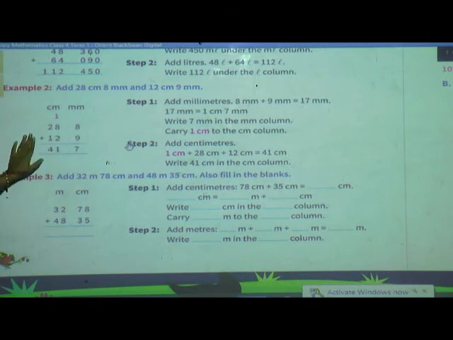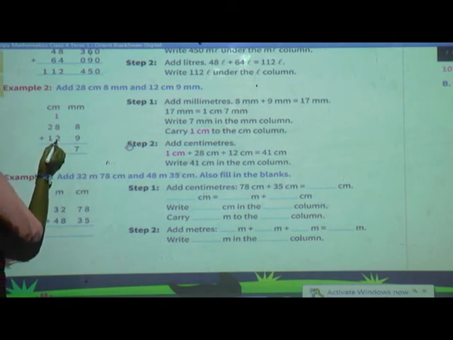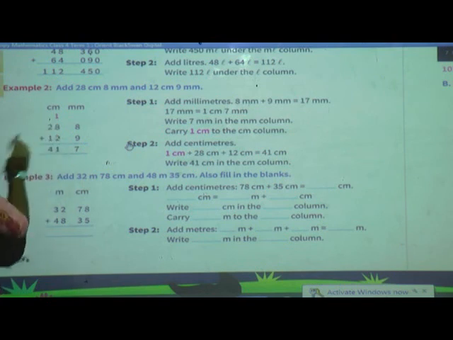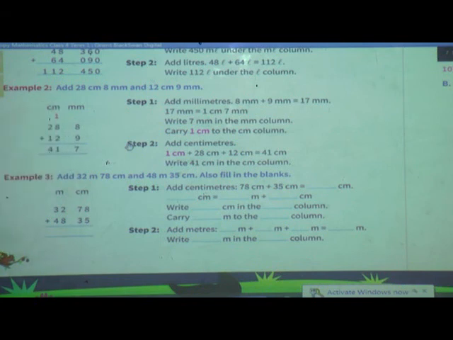Without drawing also you can do, but write the numbers properly. Add first millimeter, 8 plus 9 is 17, carry 1 to the centimeter, 1 plus 8 is 9, 9 plus 2 is 11, again carry 1, 1 plus 2 is 3, 3 plus 1 is 4. So the answer is 41 centimeter 7 millimeter.